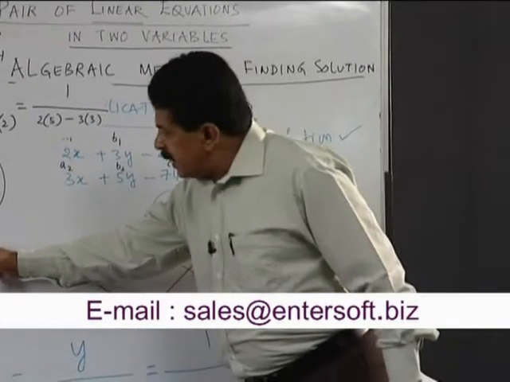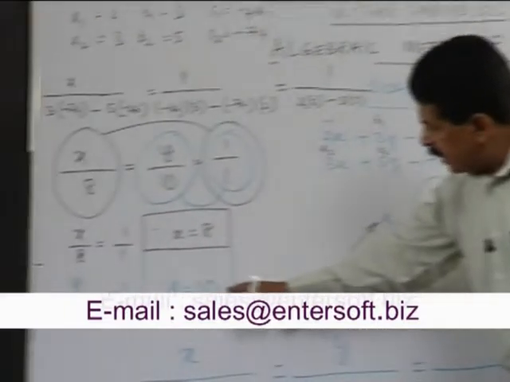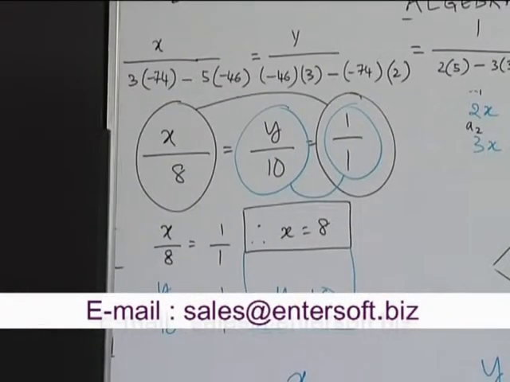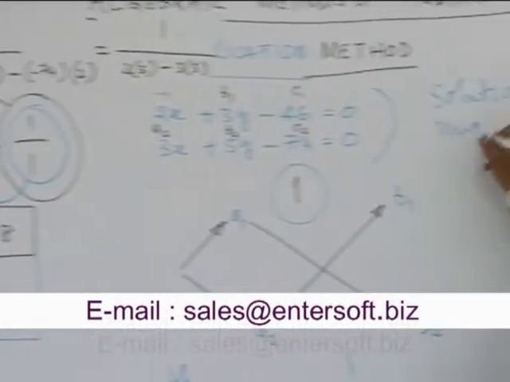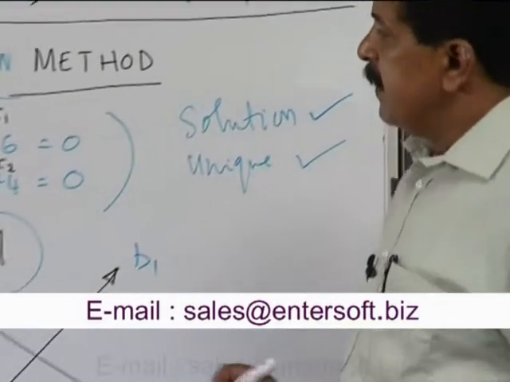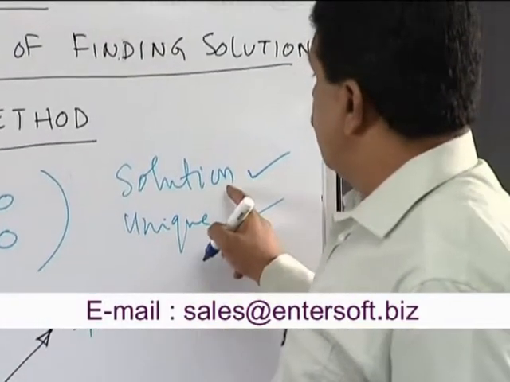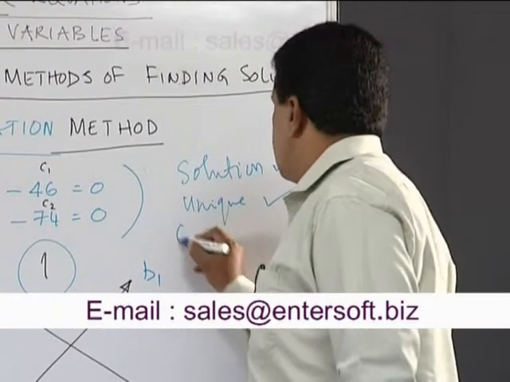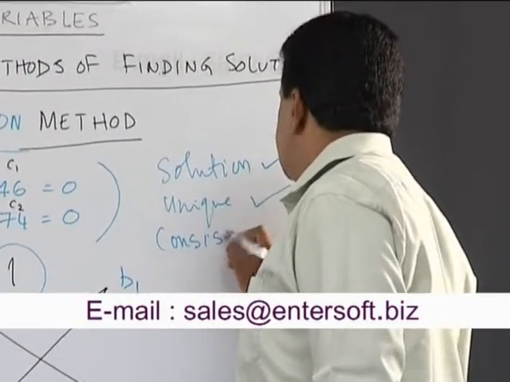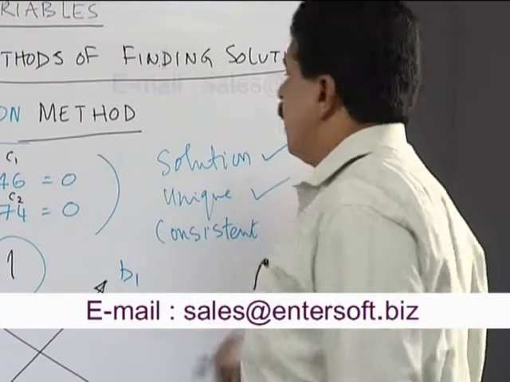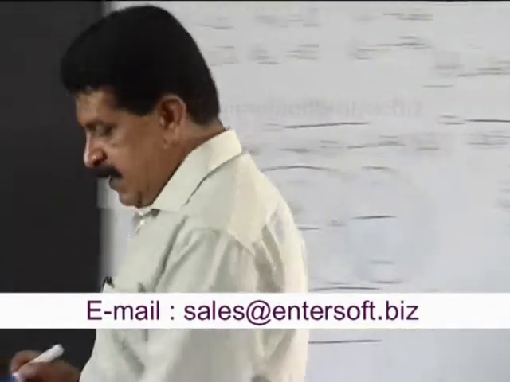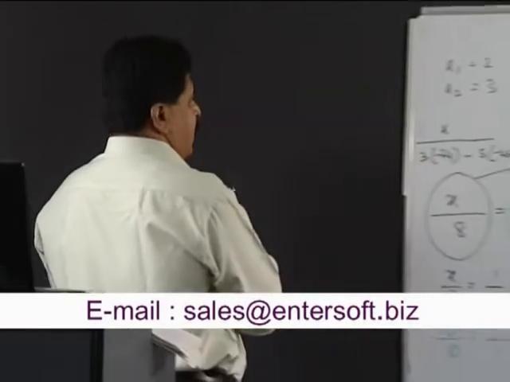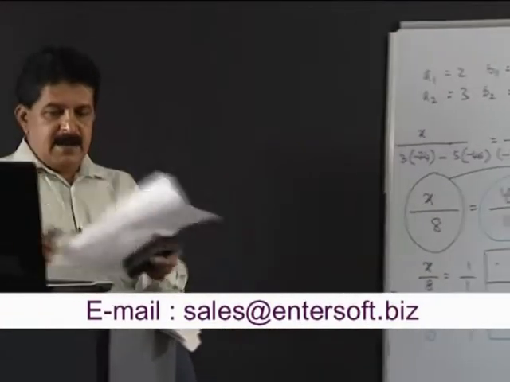And you are able to see that you have got a unique solution 8 and 10, and therefore this has a unique solution, right? And because it has a unique solution, basically I will call this a consistent pair of linear equations. See how simple this technique is. I will relook into the whole thing once again.